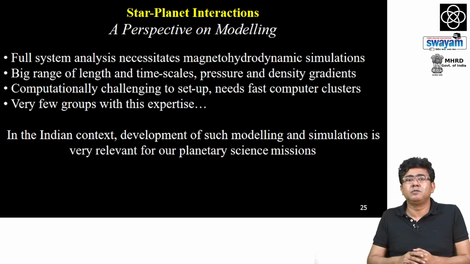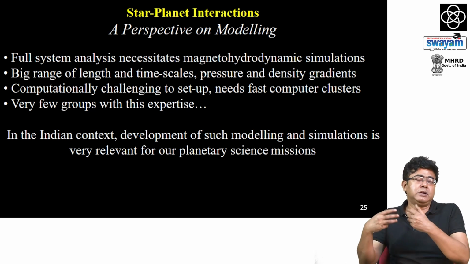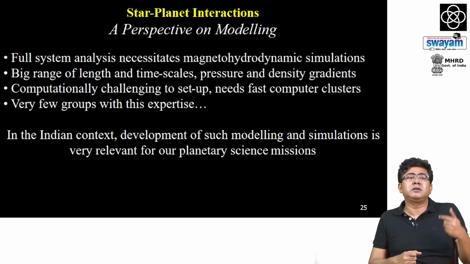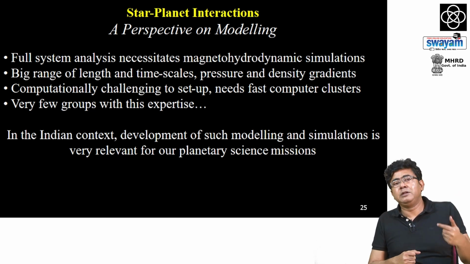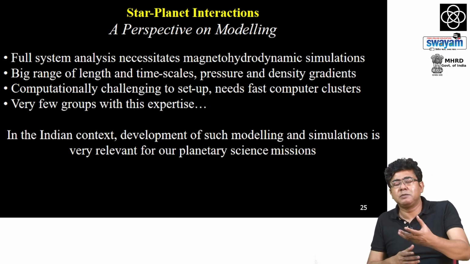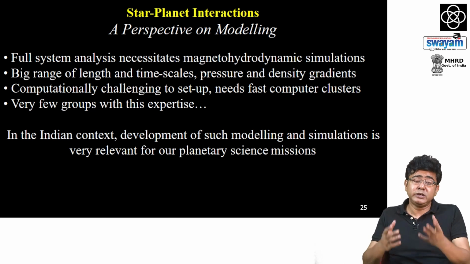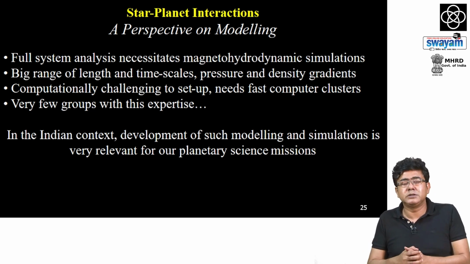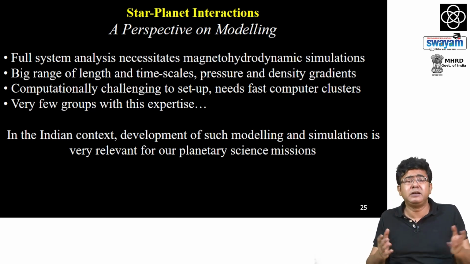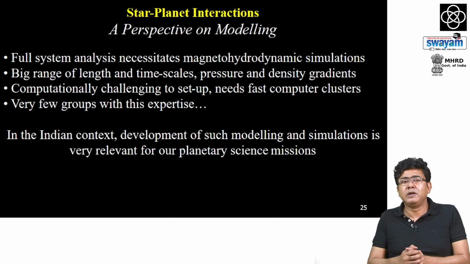We can put a planet with an atmosphere in this sort of simulation box and then look at what the activity level, which is measured in terms of the stellar wind outflow and the stellar magnetic field content, how this activity impacts the planetary atmospheres, and this you can do with or without planetary magnetospheres. These are of course very intense and difficult simulations to do because you are resolving multiple time scales, multiple length scales. Very few groups in the world have this expertise.